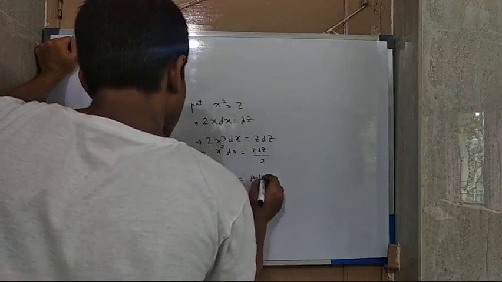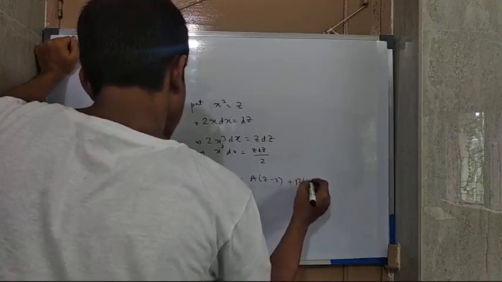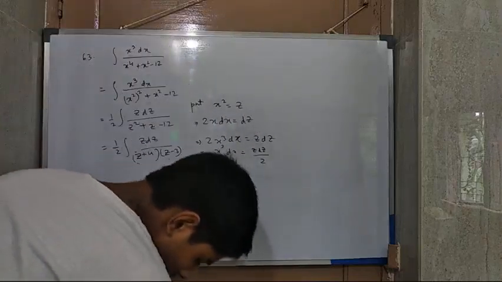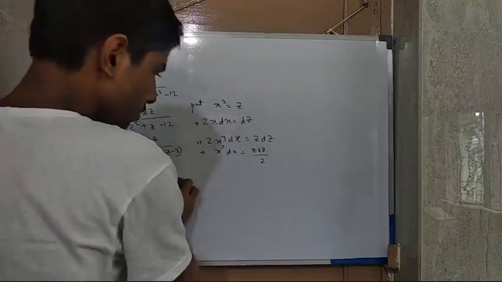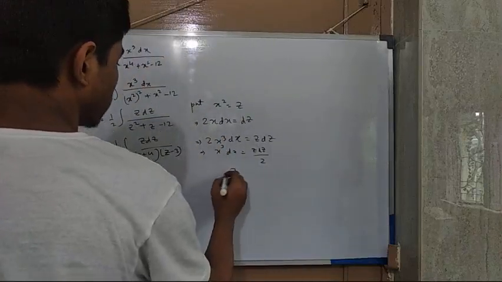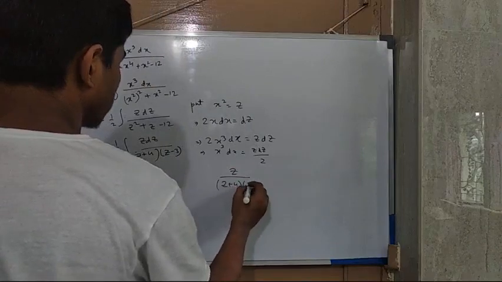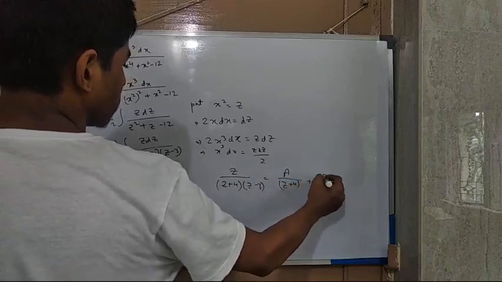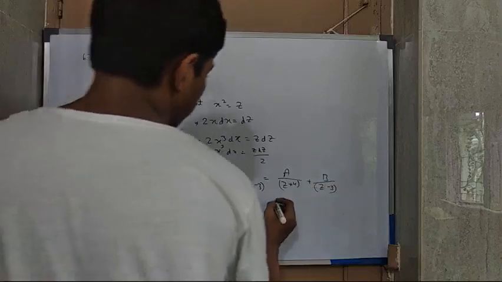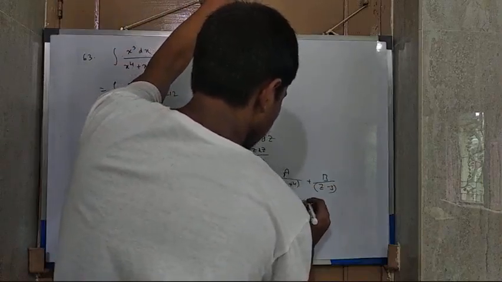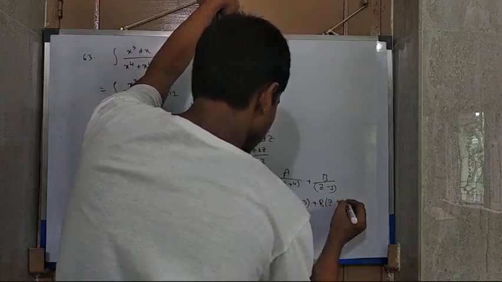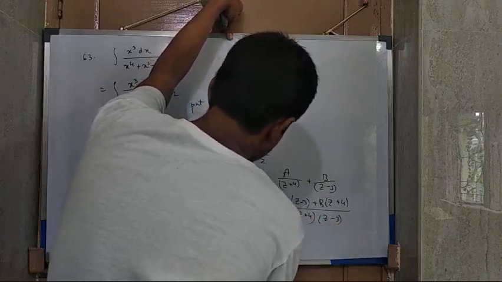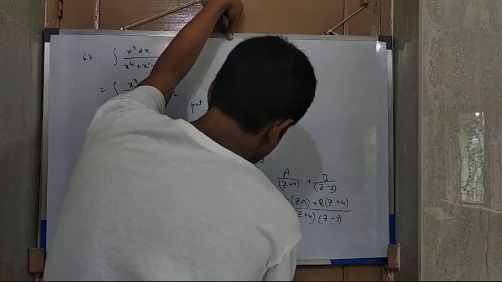Let z by (z plus 4)(z minus 3) be equal to a by (z plus 4) plus b by (z minus 3), which is a times (z minus 3) plus b times (z plus 4) divided by (z plus 4)(z minus 3).